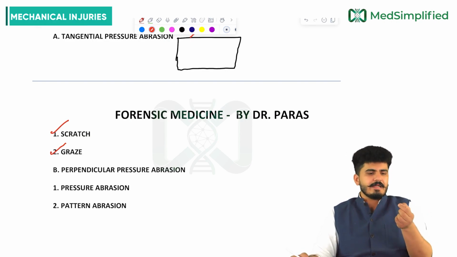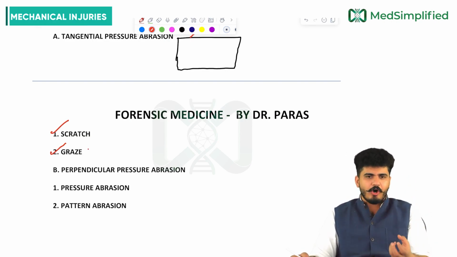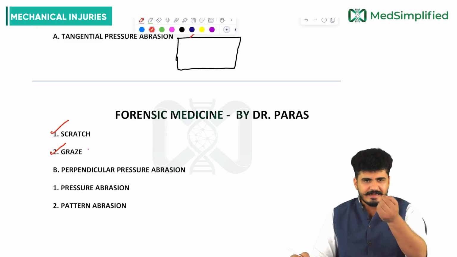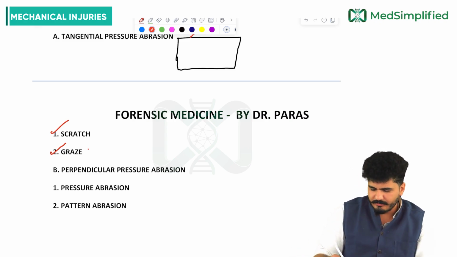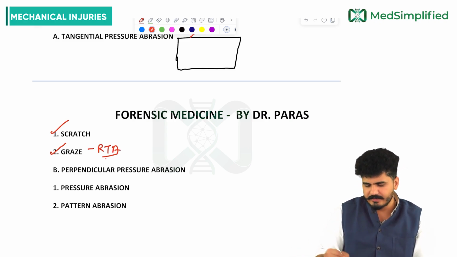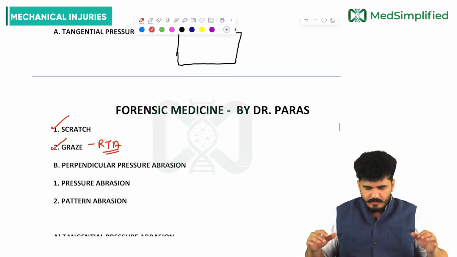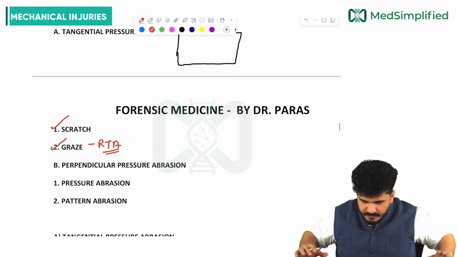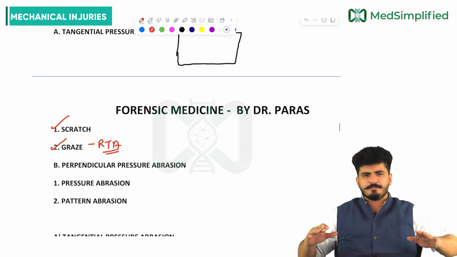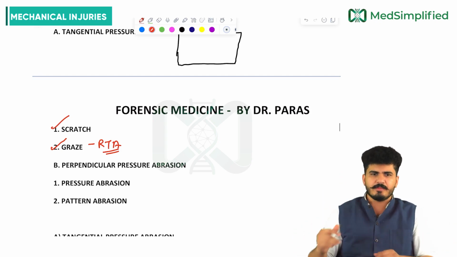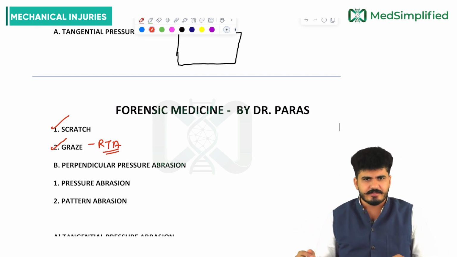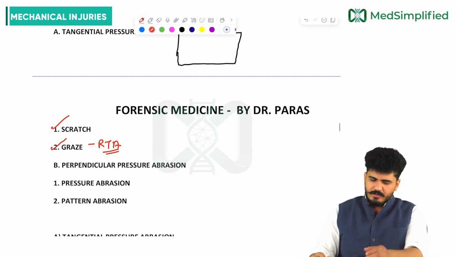A scratch can be with a nail, a thorn, or a needle. A graze is most commonly seen in a road traffic accident, where you roll onto the ground and your epidermis is scraped off because of the tangential pressure abrasion.